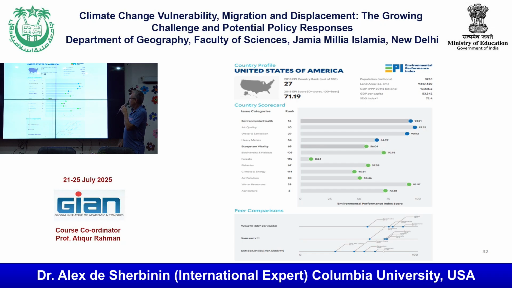The U.S., for instance, is doing very poorly on forests. It's ranked 115th in that case, but we are doing generally pretty well on air quality and water resource management. So these are things that we encourage people to do.